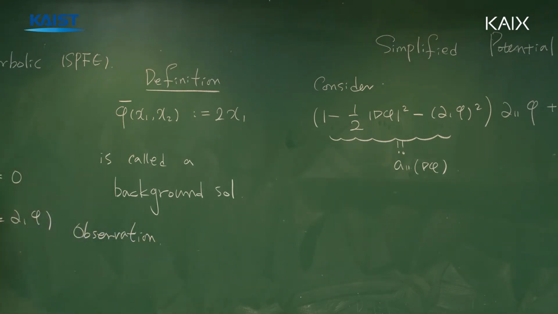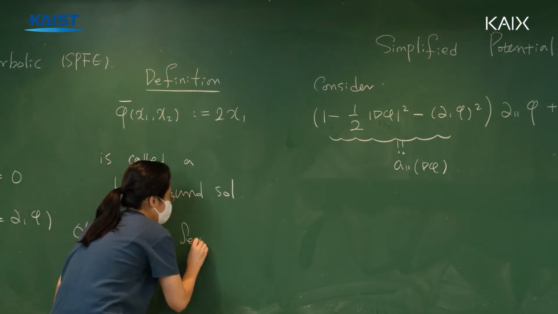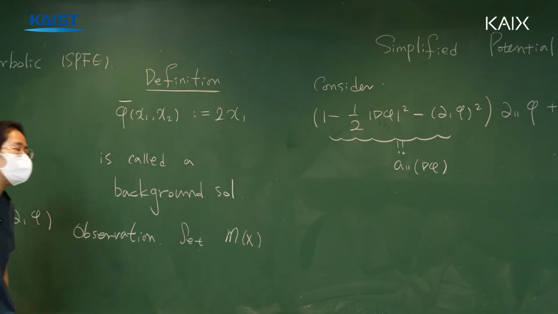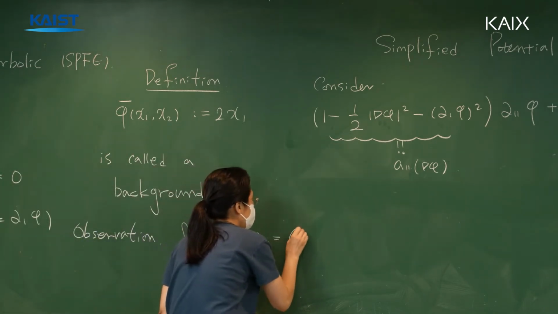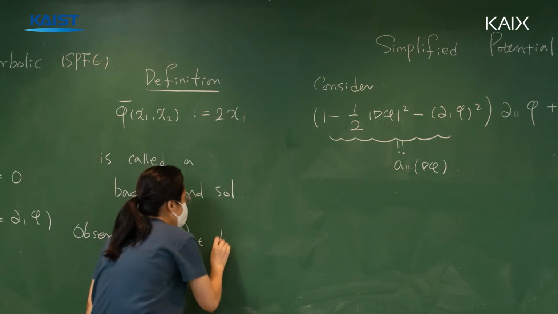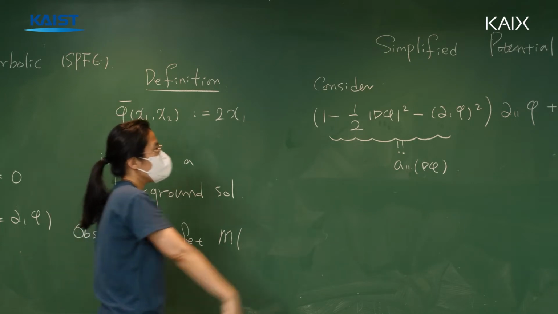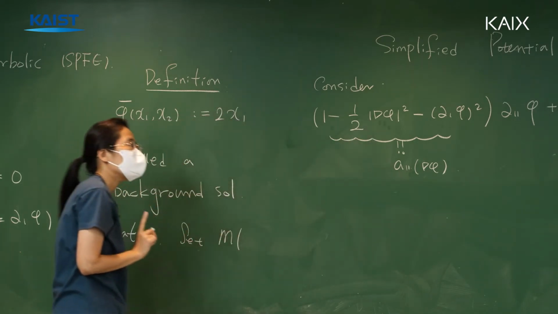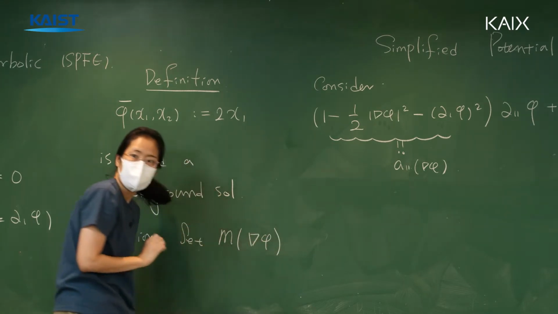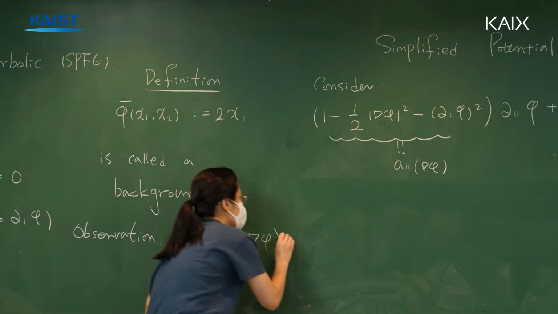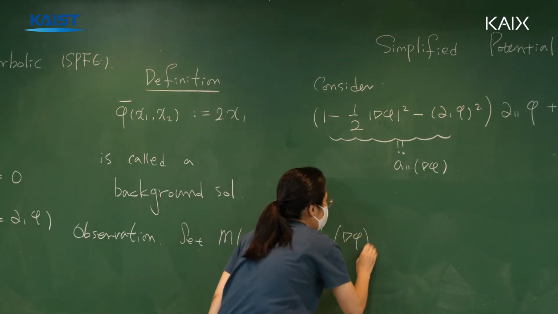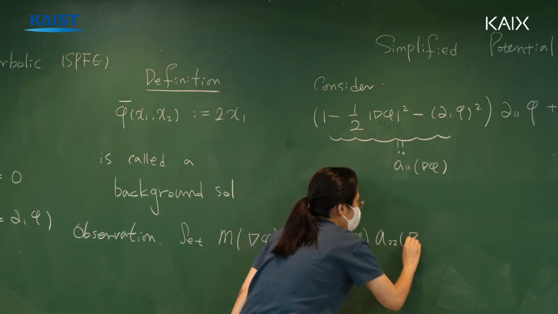So let me just define or set the determinant of the matrix as M, as we did on our first day. The important point is that now M depends on the solution, not just the independent function. So this is going to be a function depending on the gradient of phi, the product of A11(grad phi) and A22(grad phi).